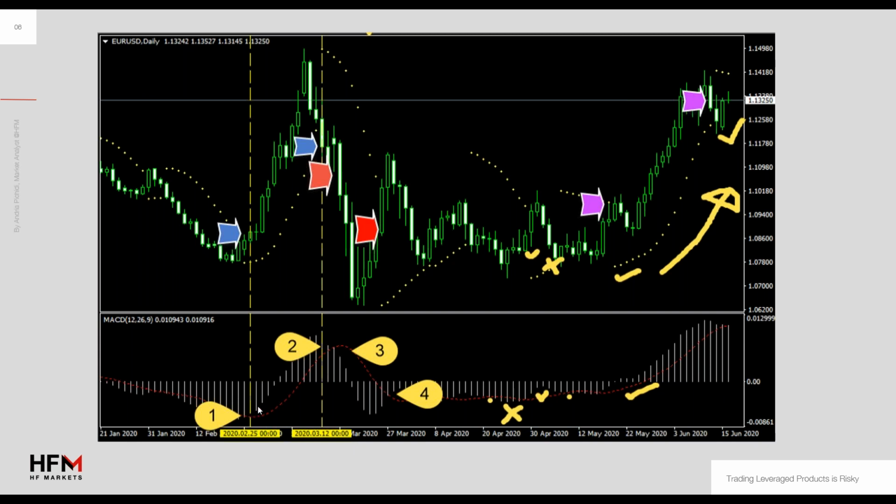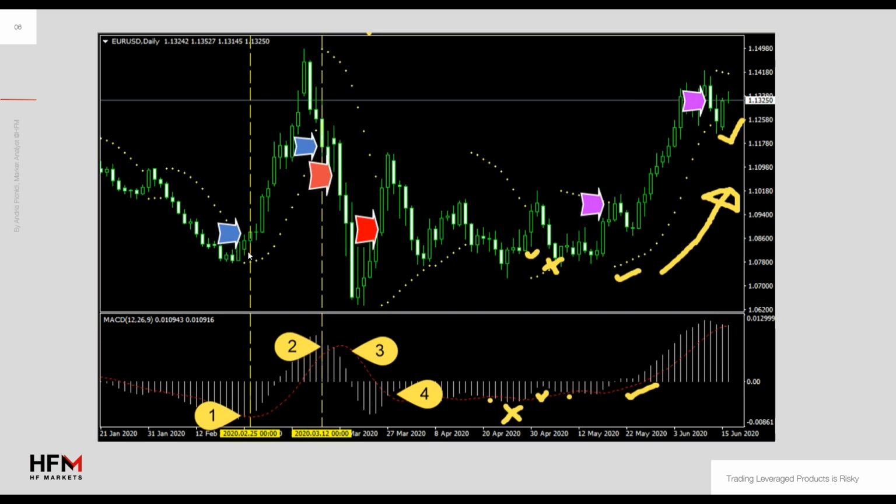So they were crossing over. So that was the very first signal. So we put a vertical line over here on the crossover, up to the price action, in order to see where the Parabolic SAR dots are placed.